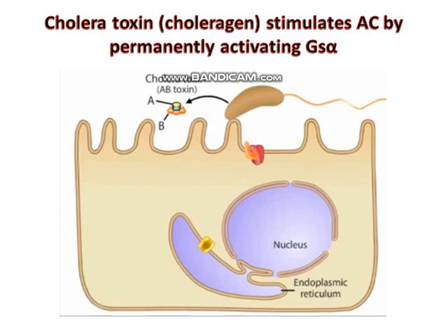Cholera toxin is an AB5 toxin, and because it specifically affects the intestine, it's called enterotoxin.